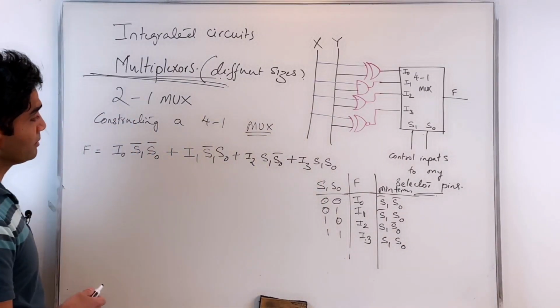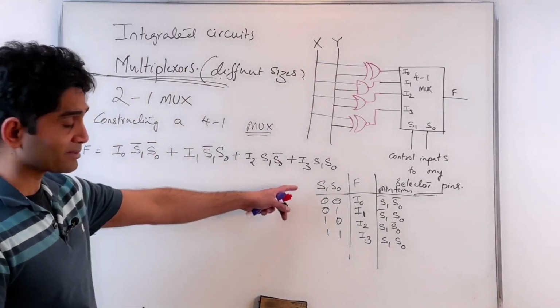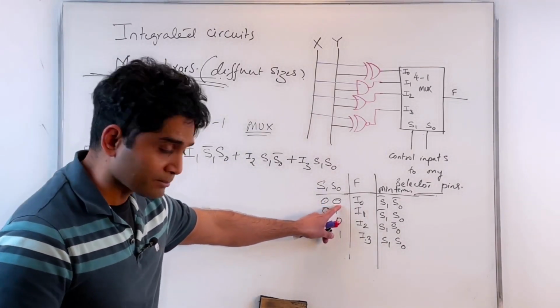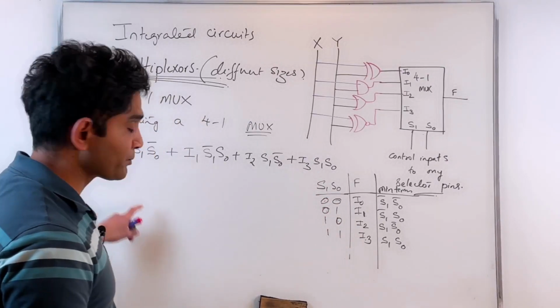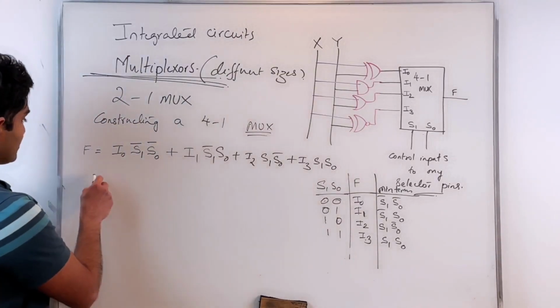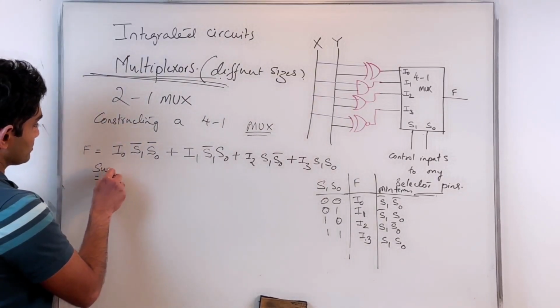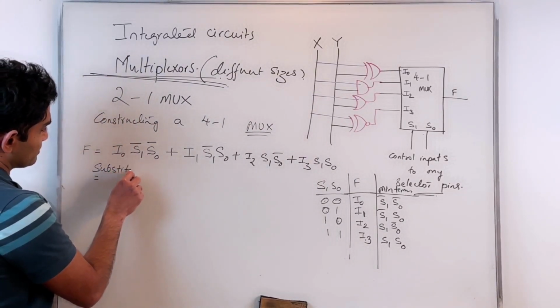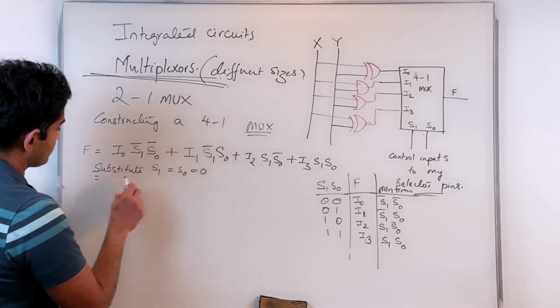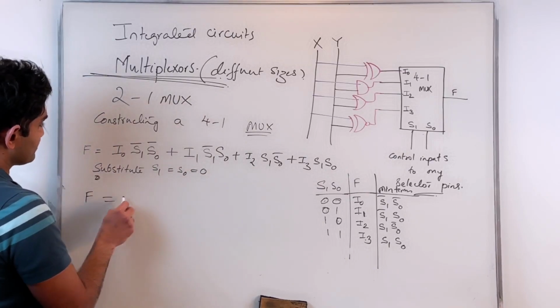Would it work? You can substitute the values of S and see what you get, right? If I substitute 0 0 into this expression, what am I going to get left behind? If I substitute S1 equal to S0 equal to 0, what becomes my F?